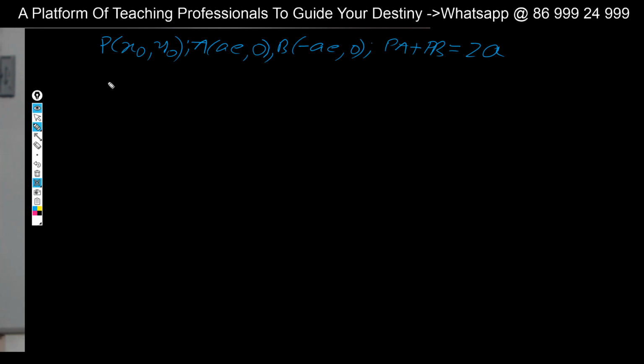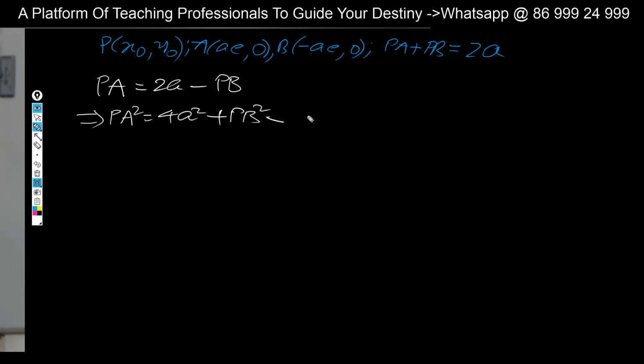Now PA is equal to 2a minus PB. Now square it to eliminate the root. PA square is equal to 4a square plus PB square minus 4a PB.